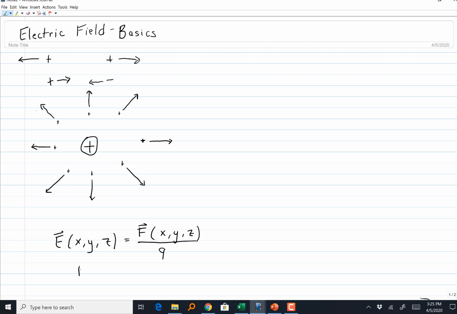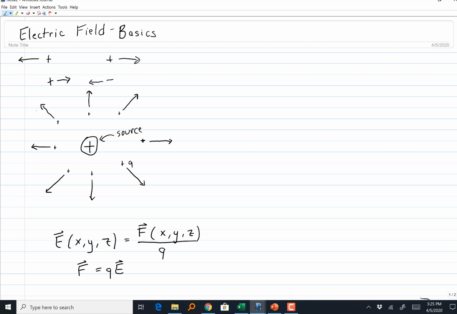All right, so oftentimes you'll see this written as the force equals the charge times the electric field. All right, so there's one charge that's creating the electric field, right? So in this case, this charge here is the source charge. It's creating the electric field, and then there's this other charge that would be experiencing the force, but ultimately we divide that force, or divide that charge out of the force, and we're left with an electric field.